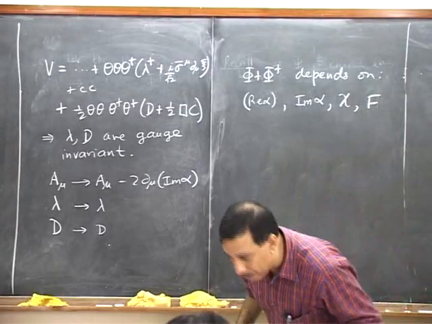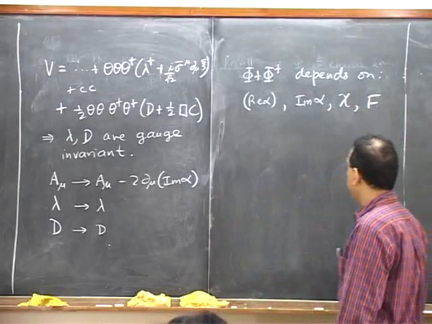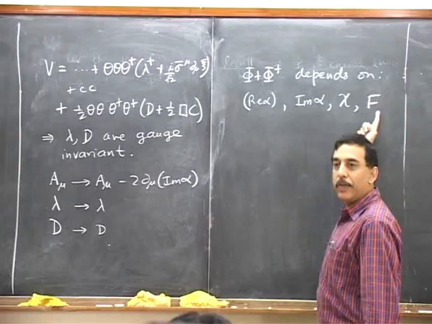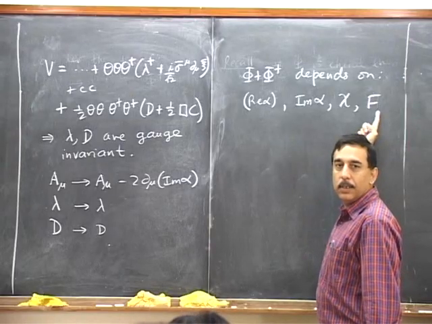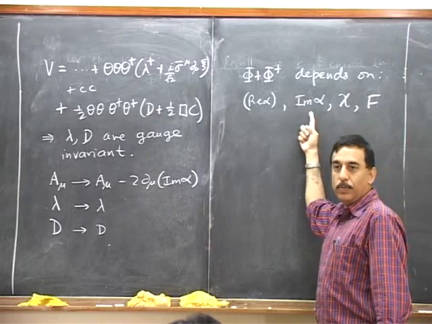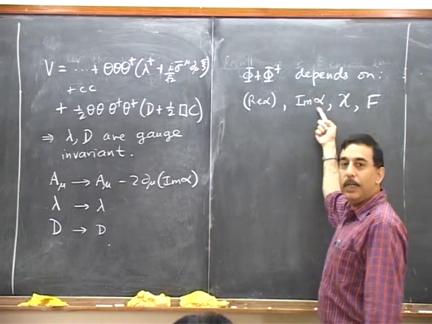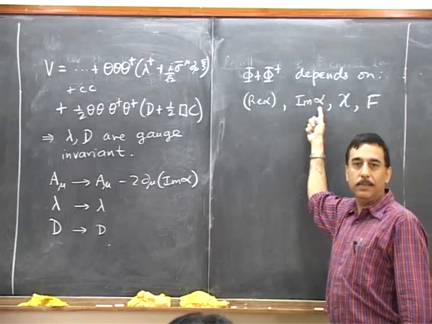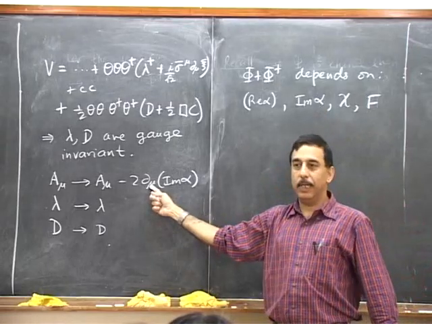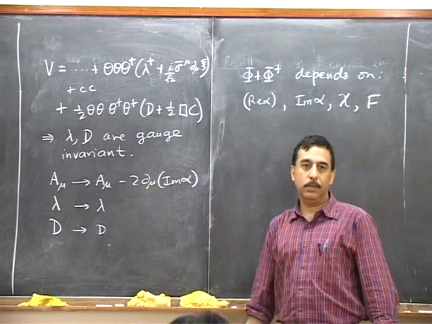Good. And now we see what's going to happen. We've used the real part of alpha and chi and F to fix the Wess-Zumino gauge. But imaginary alpha is an independent parameter. So if we choose a superfield phi plus phi dagger which only has imaginary alpha and everything else is 0, then adding that to V will only perform this gauge transformation and nothing else.